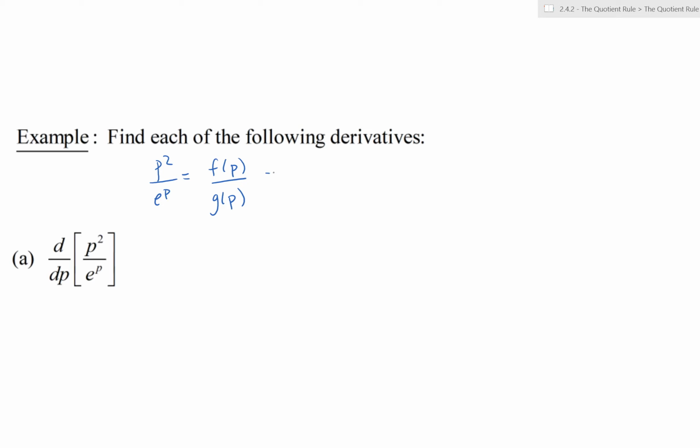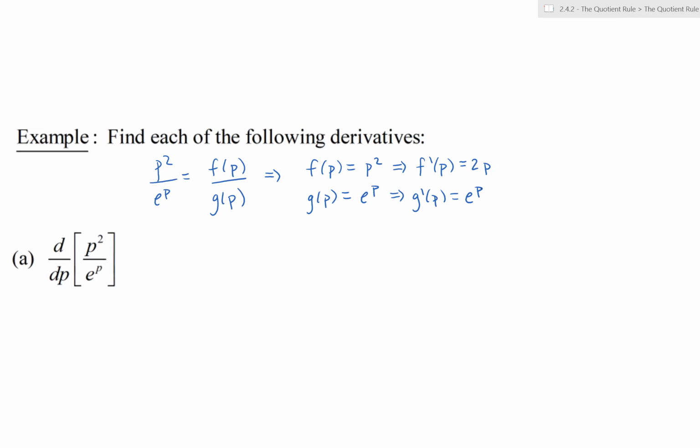So you kind of think, okay, well, f of p here is p squared, and we can think of g of p as e to the p. We know we need the derivative of each of these to apply the quotient rule, so I might as well just find the derivatives real quick. f prime of p by power rule is just 2 times p, and g prime of p is just e to the p, right?